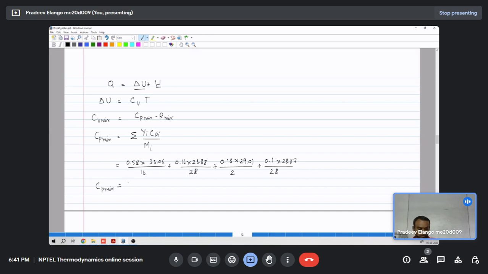So this is 4.129 kilojoule per kg Kelvin.